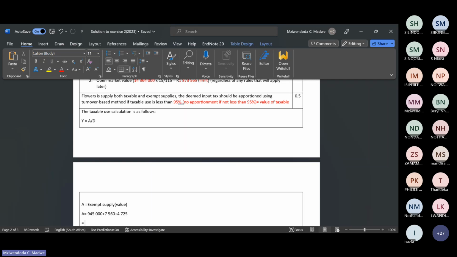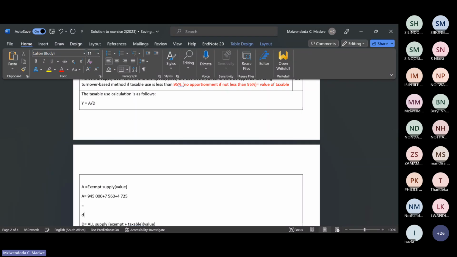What is the total if you add all of these three values? What is 945 plus 7,560 plus 4,725?